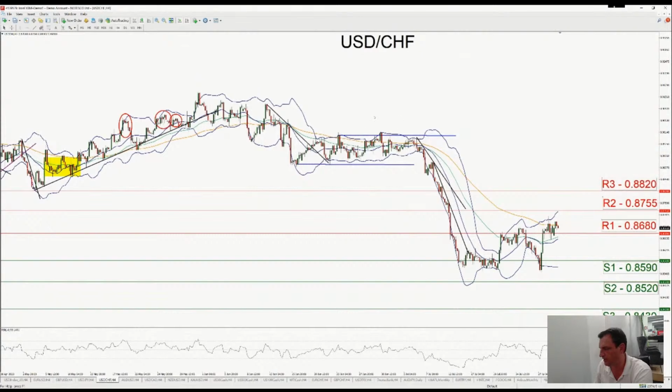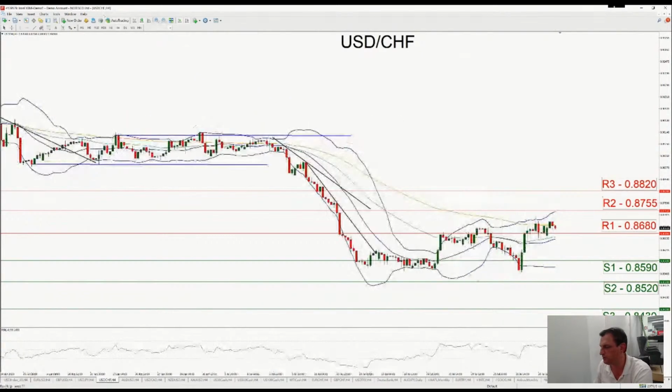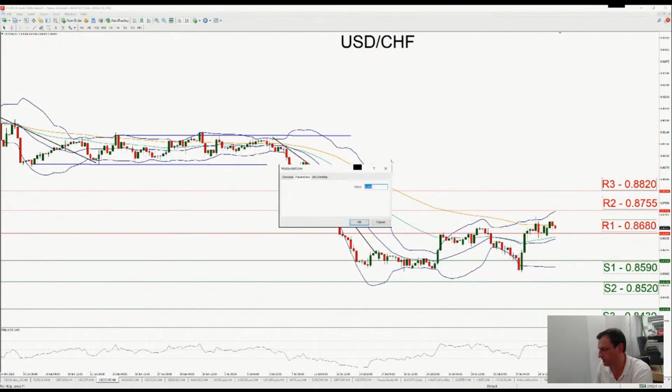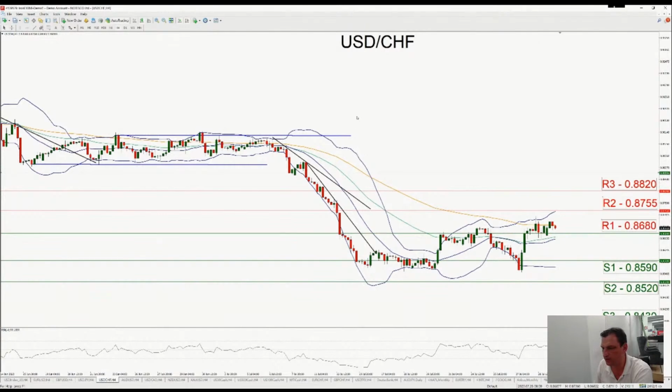Okay, first of all, let's zoom in a little bit. We note that the R1 0.8680 has been broken, so we're switching that into a support line. You can see how it has already started to provide support for the pair, limiting the downward motion, allowing it to float in a sideways manner.